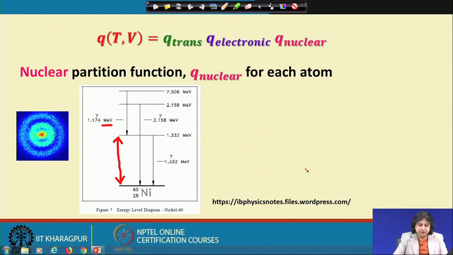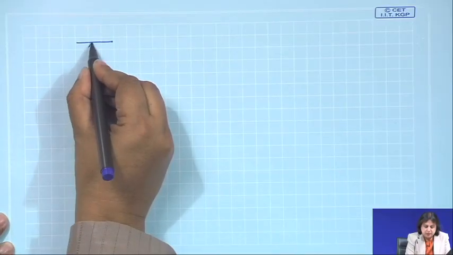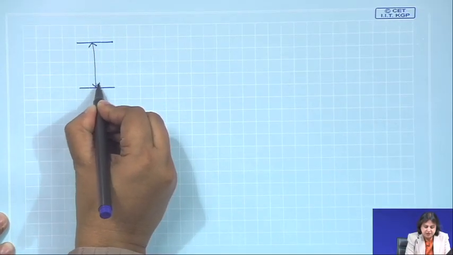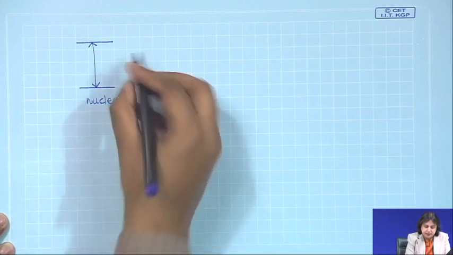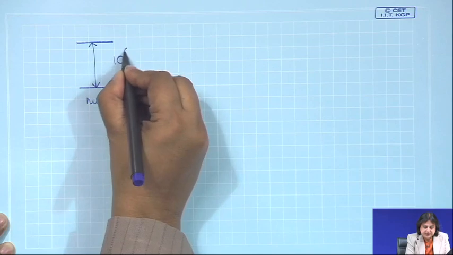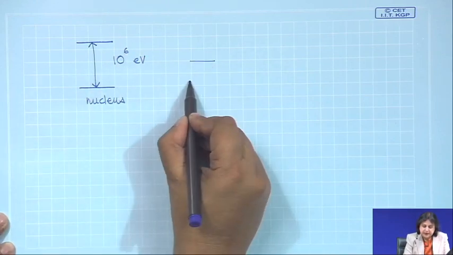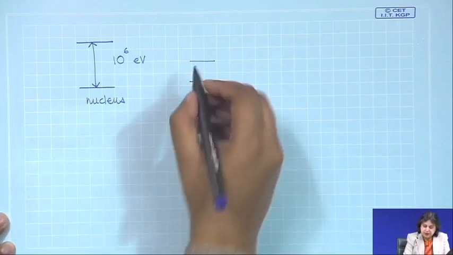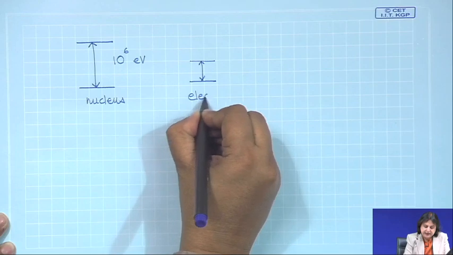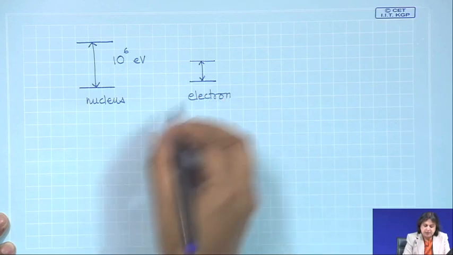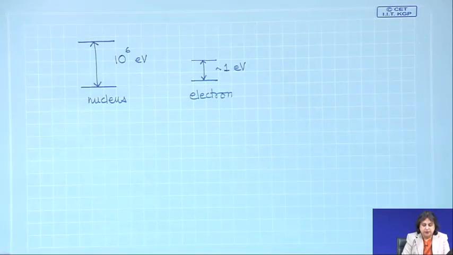From there, it is possible to say that the difference between two successive energy levels in a nucleus is about 10 to the power of 6 electron volt. Now, if I look at the difference between two successive electronic energy levels, do you remember what the energy value was? It was of the order of 1 electron volt.